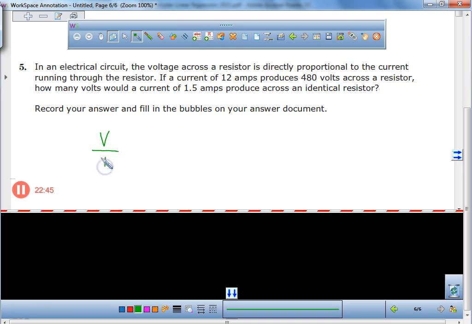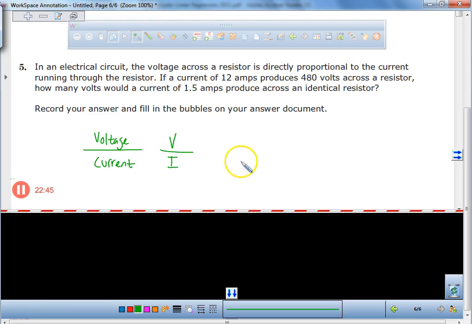So I'm going to put I. I'm just going to write the word voltage. Voltage across is directly proportional to the current. So voltage over current. Now the letter V represents voltage, and I believe current represents I, because R is resistor. So I'm going to put V over I equals V over I.